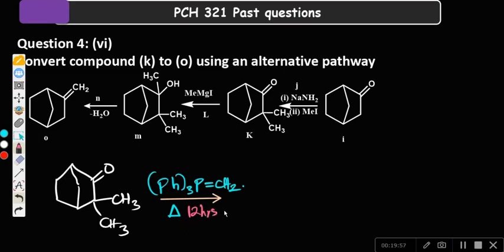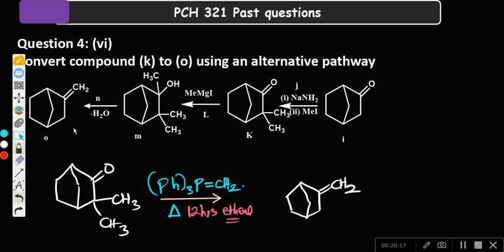12 hours, and then of course you have 18. In 18, this is going to give us the desired product, which is this. So this is an alternative pathway for synthesizing compound O, not following this normal pathway.